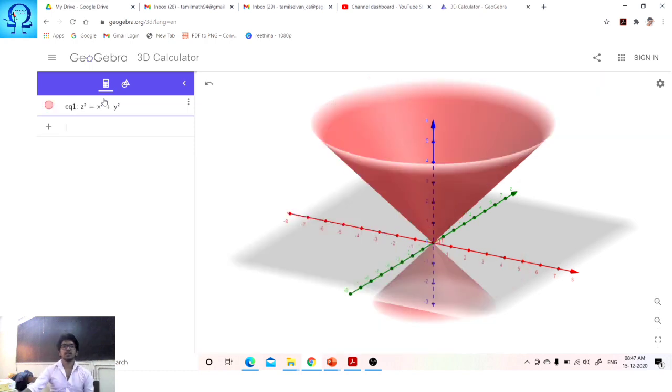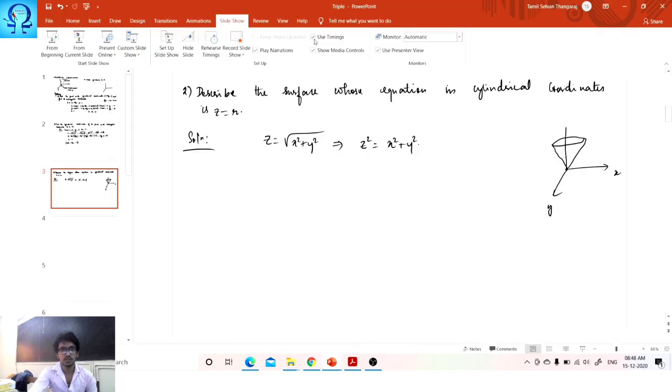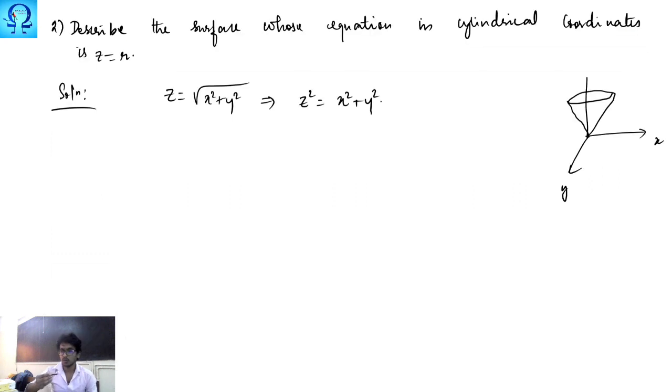You may very well see, this is not only about the positive sense, it can be about the negative sense as well. So we are going to have a cone on this side as well. Why is it happening? That we can see.